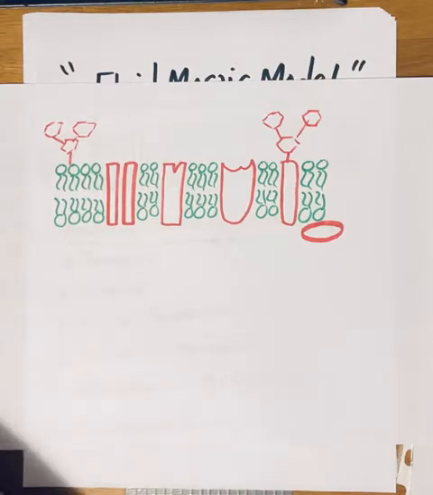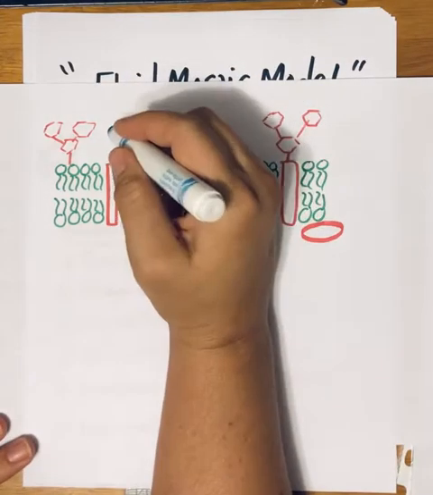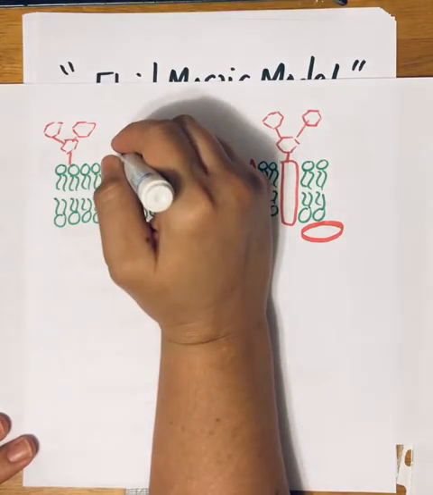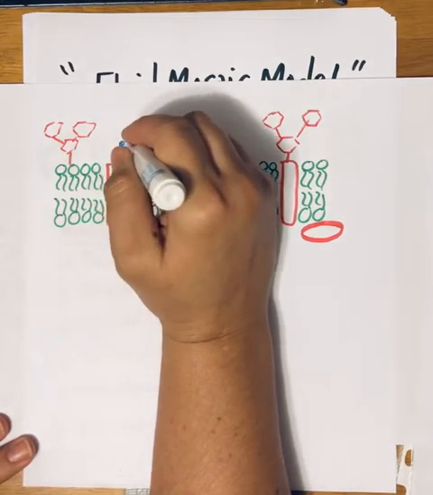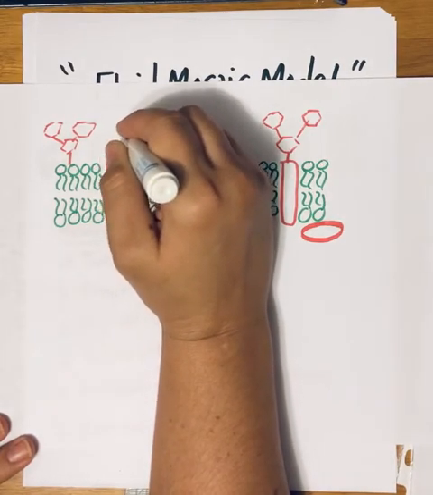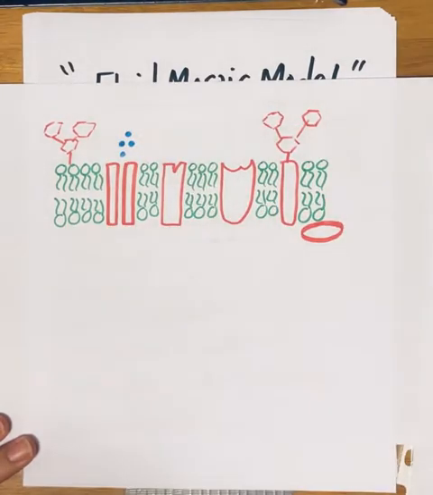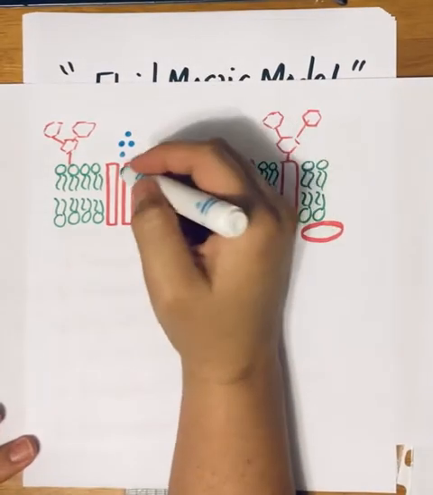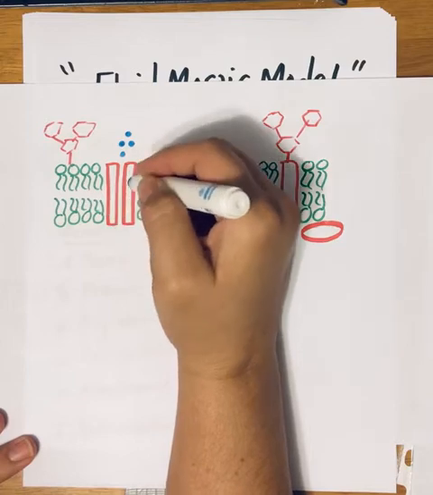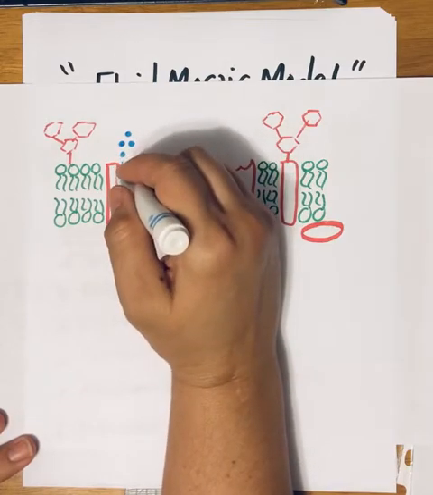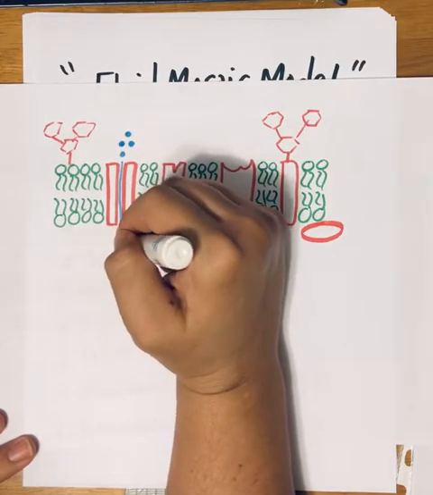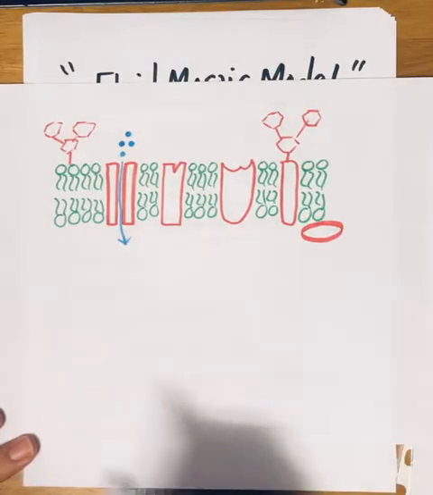Remember, it's a selectively permeable plasma membrane. It regulates what substances come into and out of the cell. So if we have substances, say water or salt, if you have a protein that forms a protein channel, this is going to allow for transport into and out of the cell.